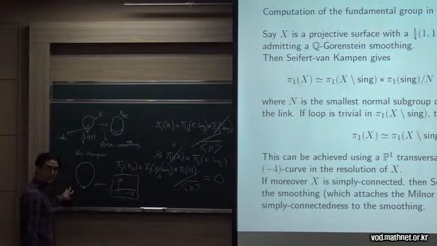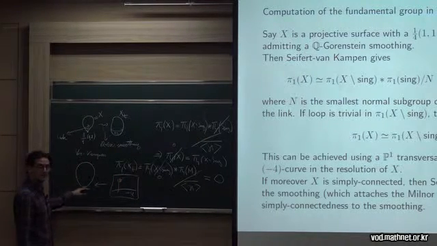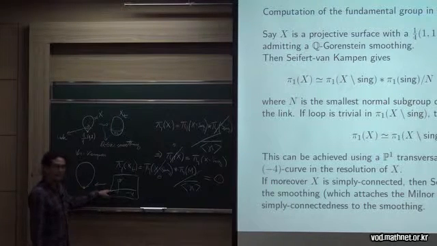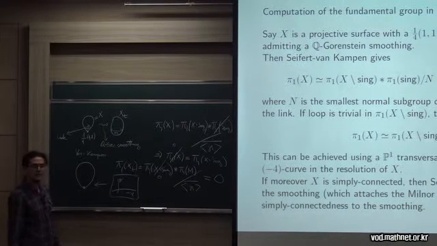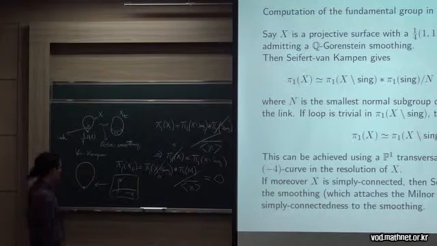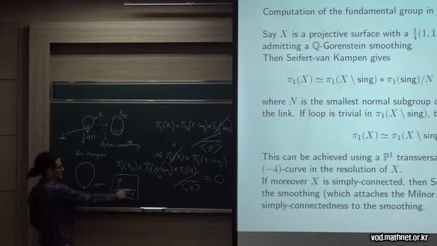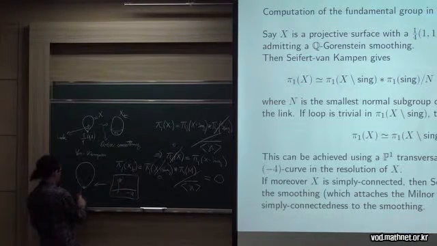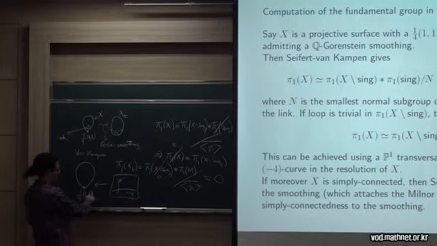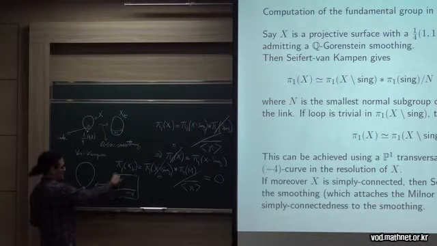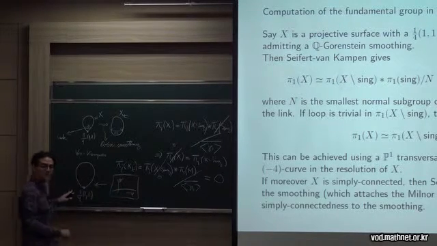Actually, it suffices to have a rational curve. Just go to the normalization, contract it there, and take the image. Yeah, so that is what I said, a rational curve. This is the minimal resolution of this curve. So I have that, but then I need a rational curve intersecting at one point.